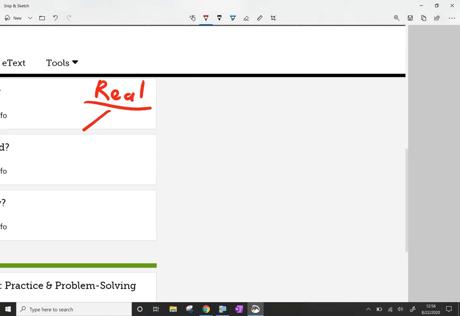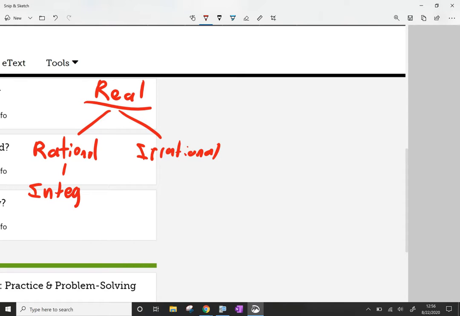You got real numbers, and in that you separate them into rational and irrational. But rational also gets broken into integers on its next step. We've already made this. Hopefully you already have this in your notes, so you don't have to rewrite it again. Whole and then natural.